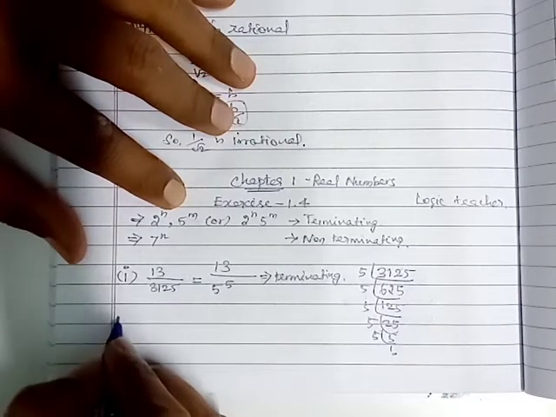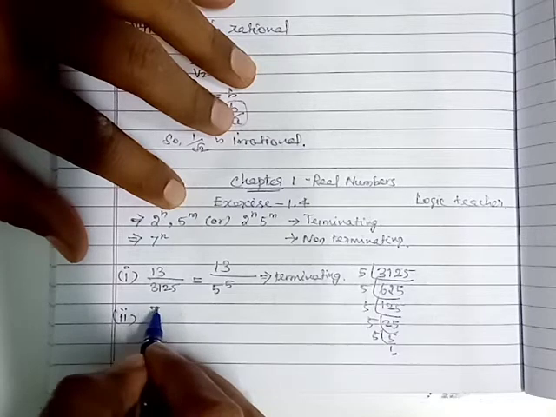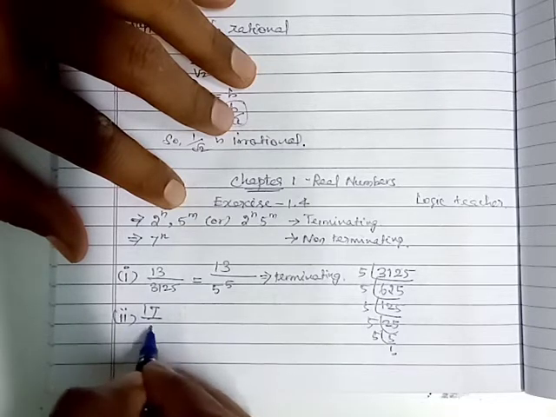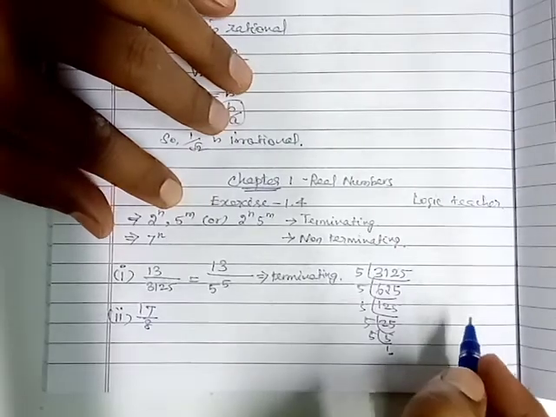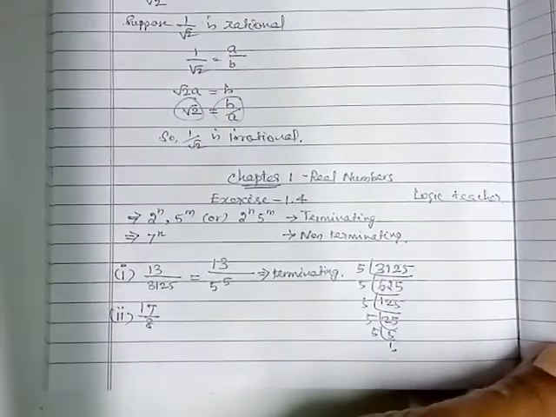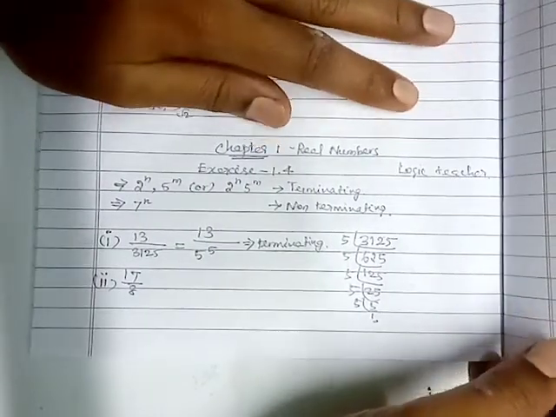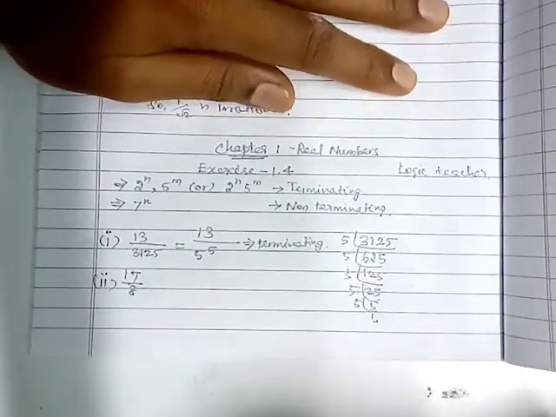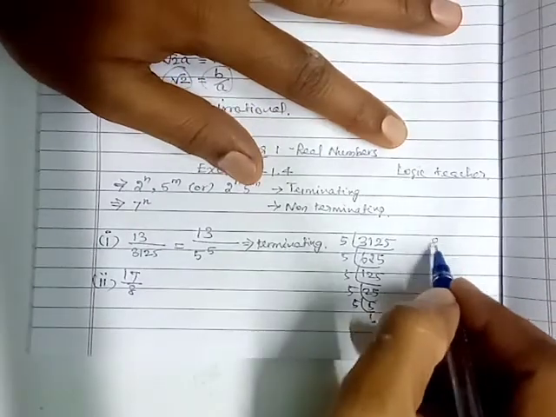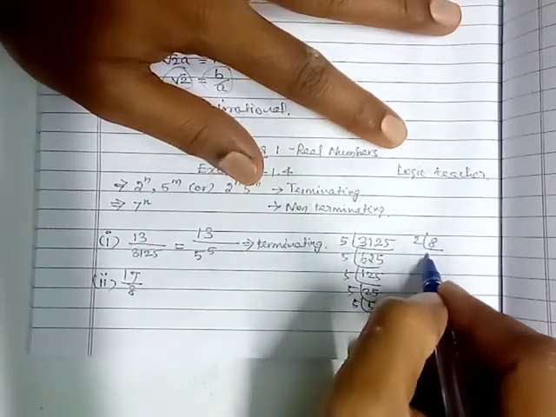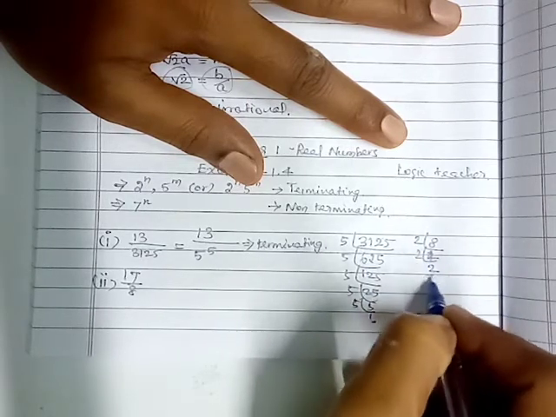We do the second one, that is 17 by 8, right? You should factorize the denominator, because whether it is terminating or non-terminating depends upon the divisor, that is the denominator, right? So we do 8, 2 4s, again 2.